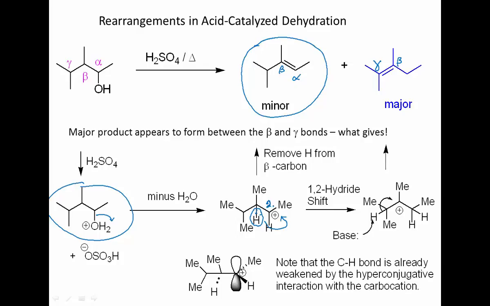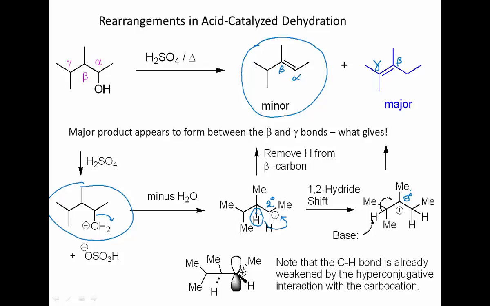We went from a secondary carbocation to a tertiary carbocation. And so the energy level of our system has gone down by doing this. We've produced a much more stable carbocation.